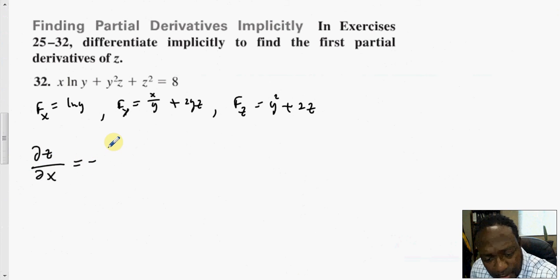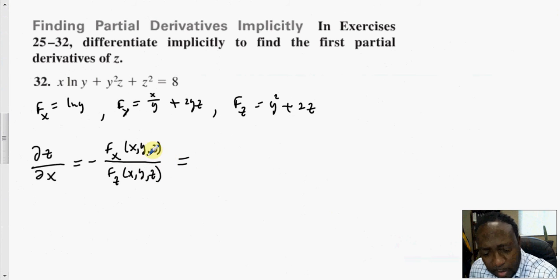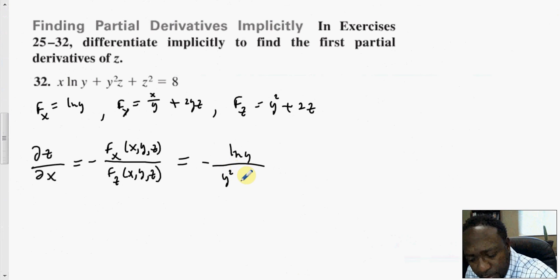It's a negative, and this is capital F sub x at the point x, y, z, all over capital F sub z at the point x, y, z. And they don't give us a point, but we still represent it. So this is negative out front. F sub x, that's the natural log of y, and this is all over f sub z, and that's y squared plus 2z.